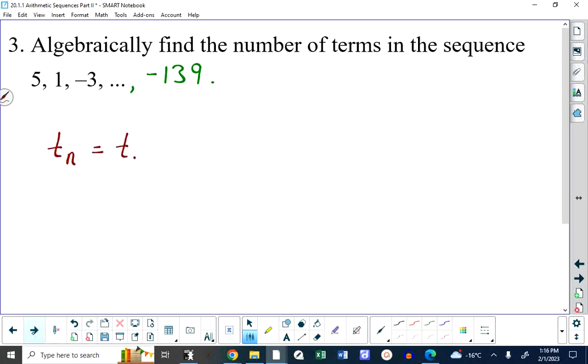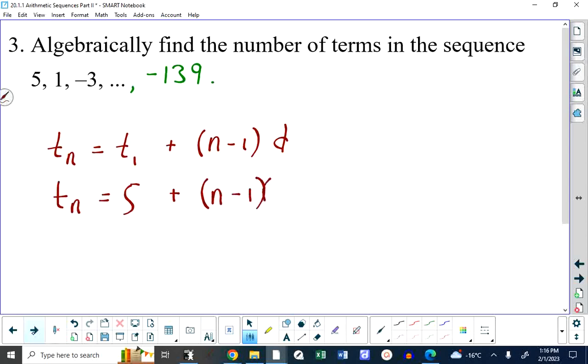Tn equals T1 plus n minus 1 times d. I'm not even going to write down what T1 is. You can see what it is. It's 5. I'm not going to write down what d is on the side. I hope you can see that d is negative 4.